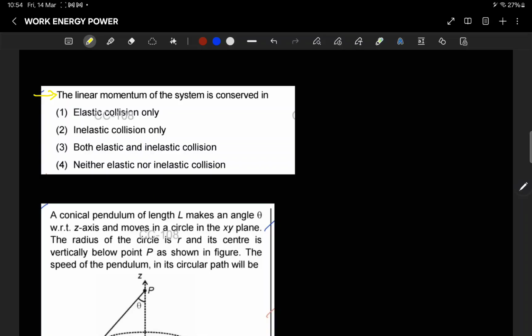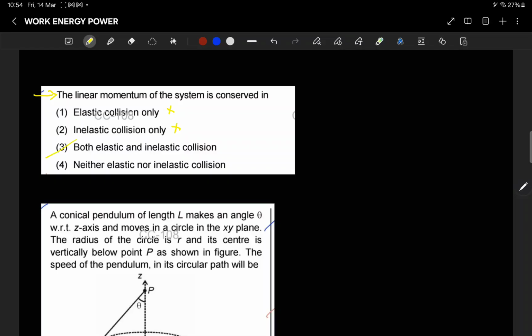In case of elastic collision, momentum as well as kinetic energy are both conserved. In case of inelastic collision, only momentum is conserved, kinetic energy is not conserved.